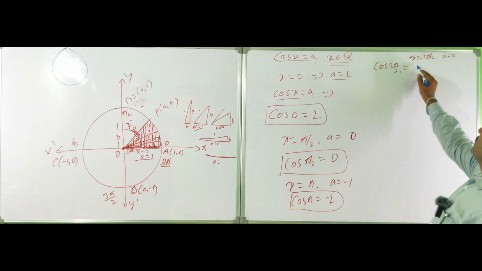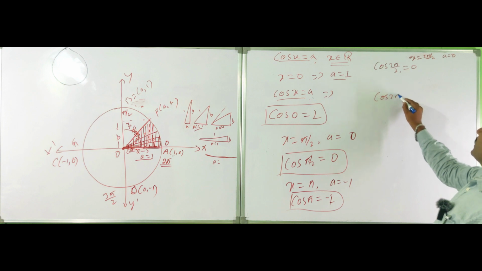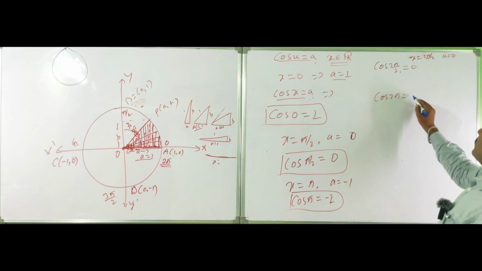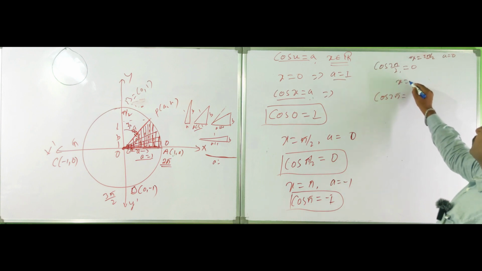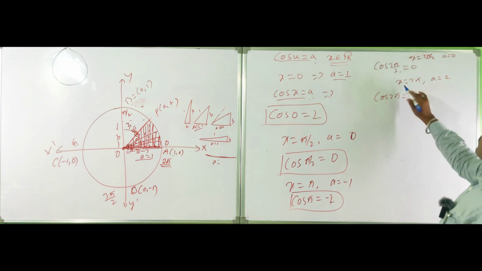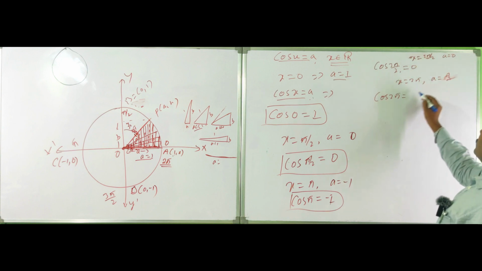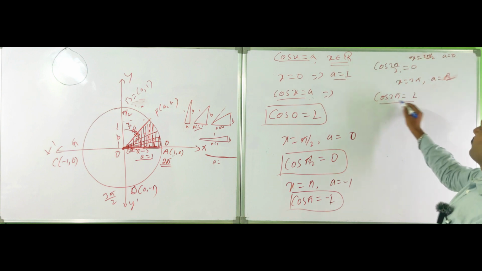So this becomes 0. Then cos 2 pi: for x is equal to 2 pi, A becomes 1, same as at 0, therefore this becomes 1.